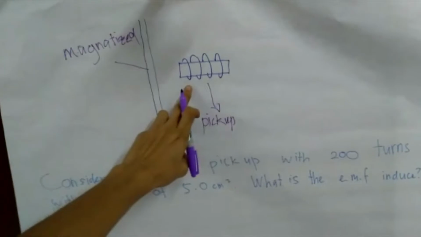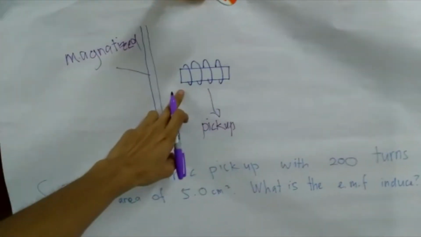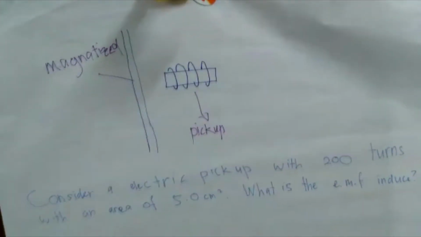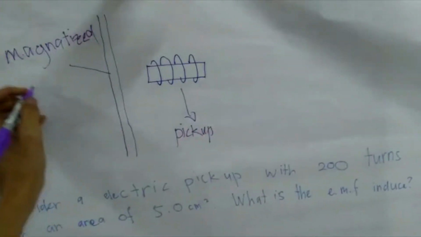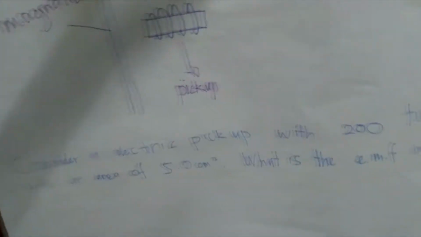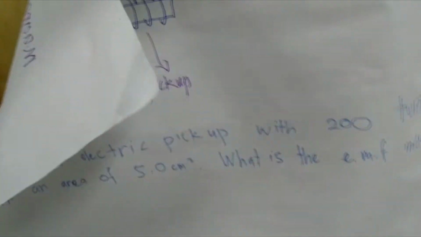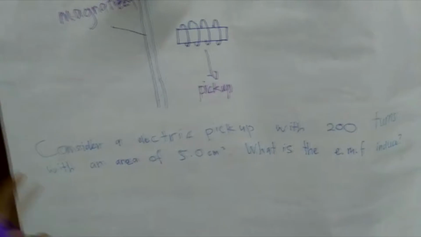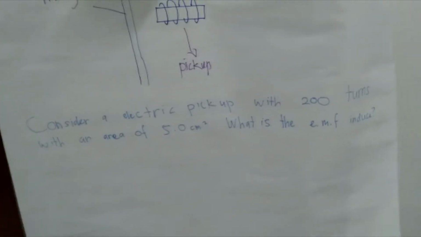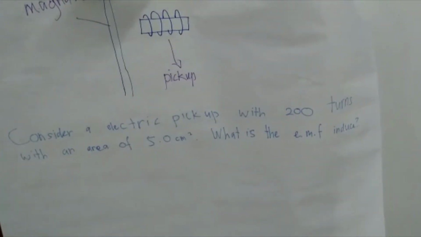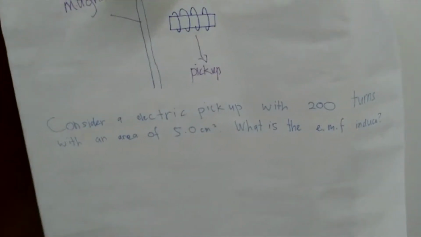As you can see, the pickup is coiled with a wire, and this string is magnetized. We need to see how the electric pickup picks up the vibration from the string.